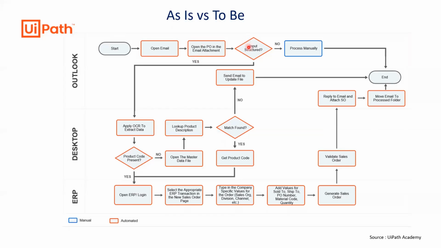It will see, yes, the input is structured, which means that the robot is able to read the data from the email. If it is able to read the data, then it will go and get the product code, log into the ERP, and the whole flow is exactly the same. Open the ERP, do this processing, type in the company values, add this value, generate the sales orders, and reply.